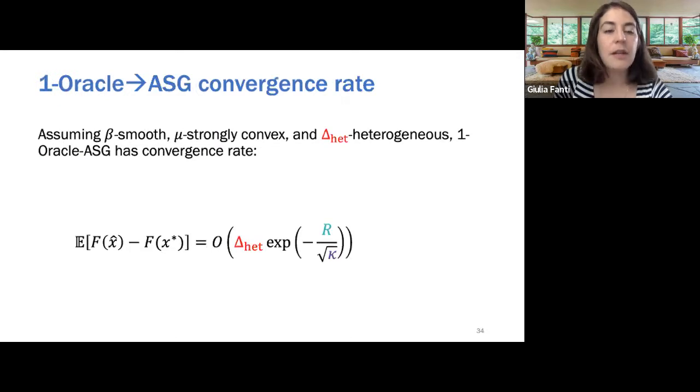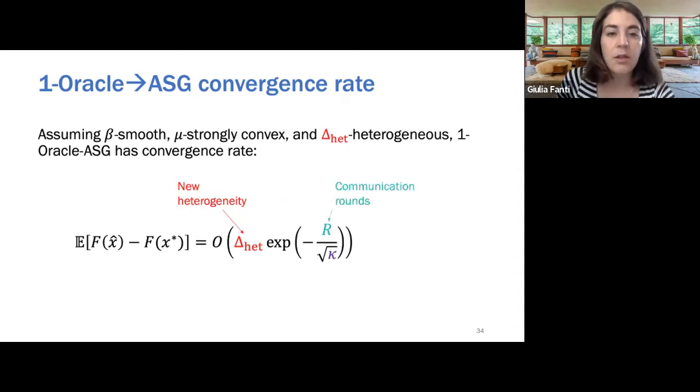It turns out that if you analyze this one oracle ASG convergence rate, assuming strong convexity and beta smoothness, we get the following convergence rate. Here delta het, again, is our new heterogeneity definition, R is our communication rounds and kappa is our condition number.